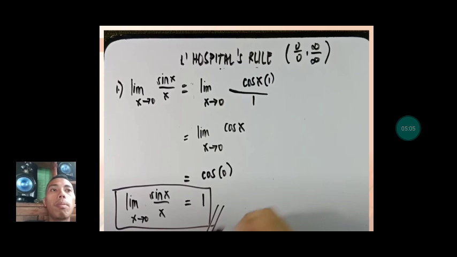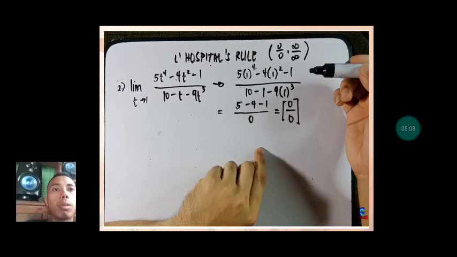Okay, so I'm going to give you another example, with the same application rule where 0 over 0 or infinity over infinity. So we have this example: the limit of 5t to the fourth minus 4t to the second minus 1 over 10 minus t minus 9 cube root of t, where t approaches 1. Notice that it approaches 1.